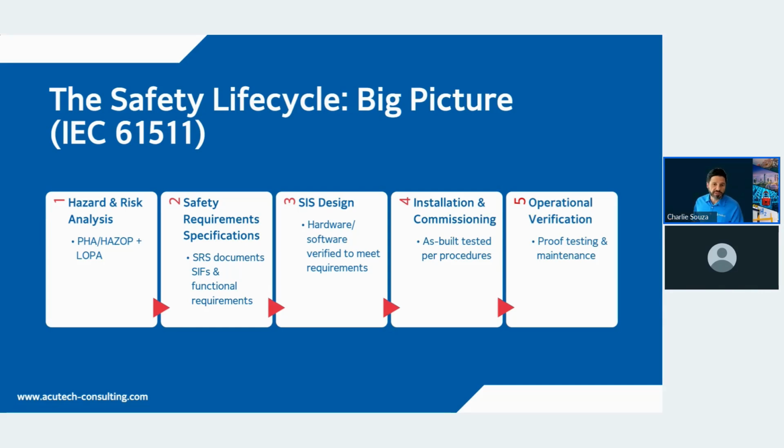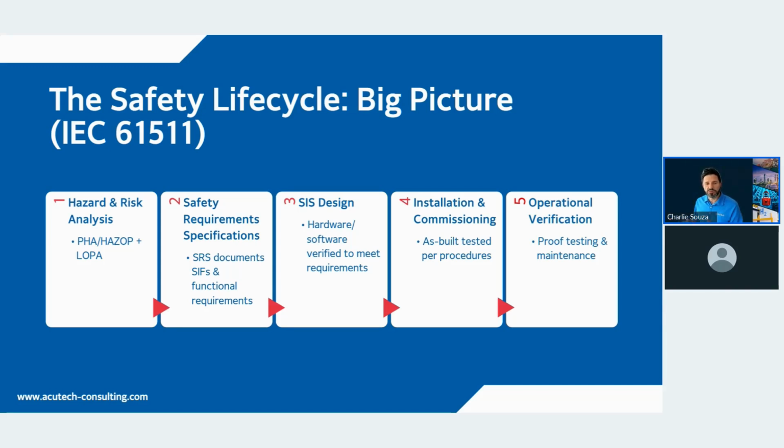We have the third item here, the SIS design, where hardware and software are verified to meet requirements. So here you go through your detailed design. You are towards the end of detailed design. You may be conducting your FAT. You may be conducting some verification, SIL verification.